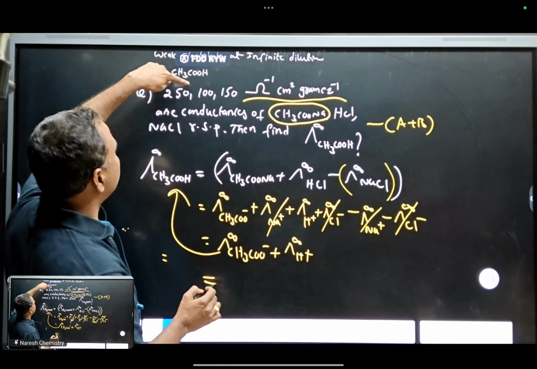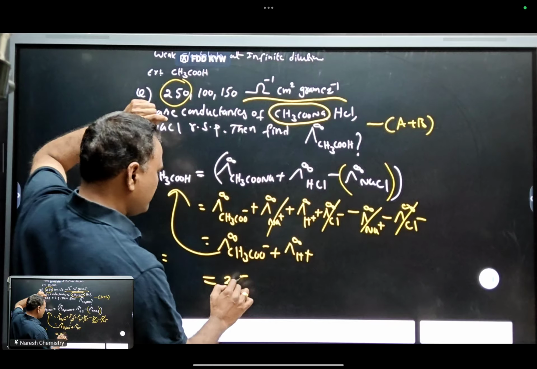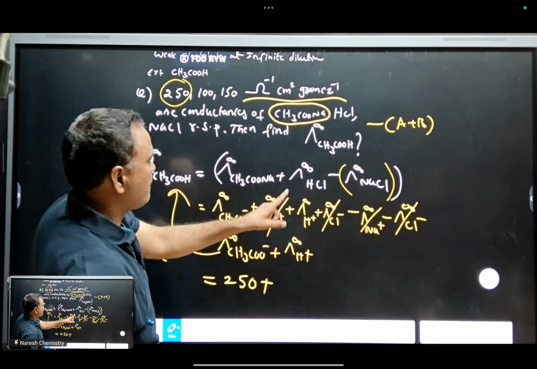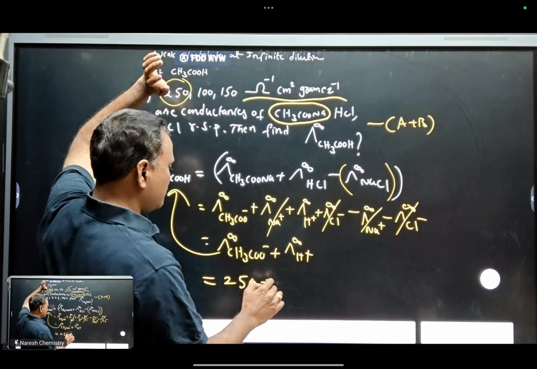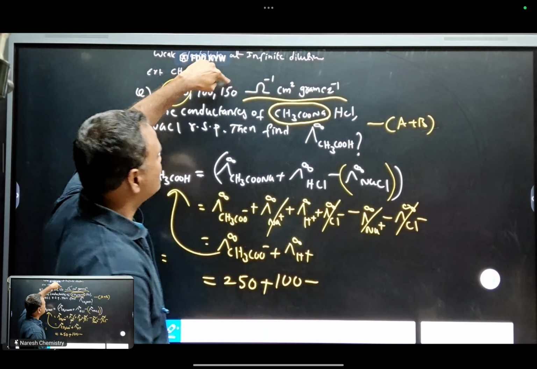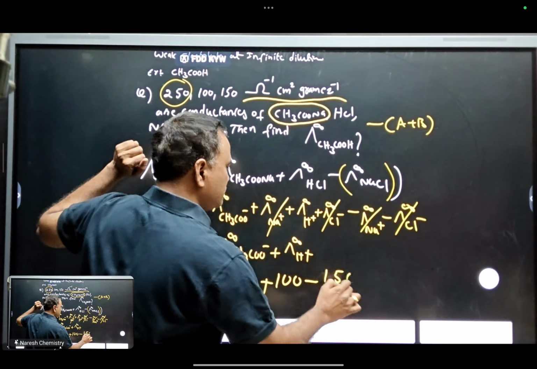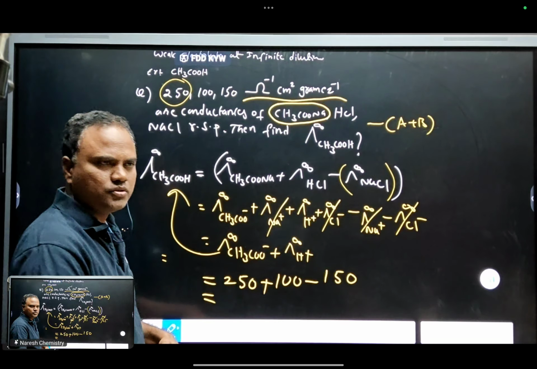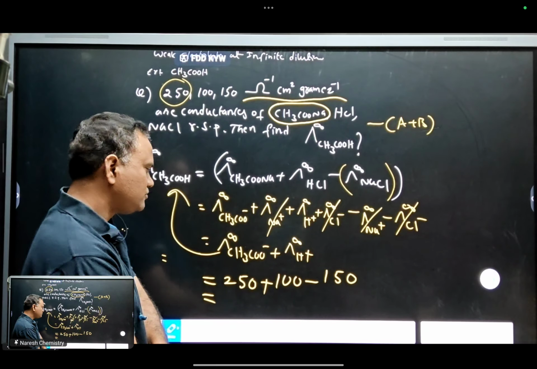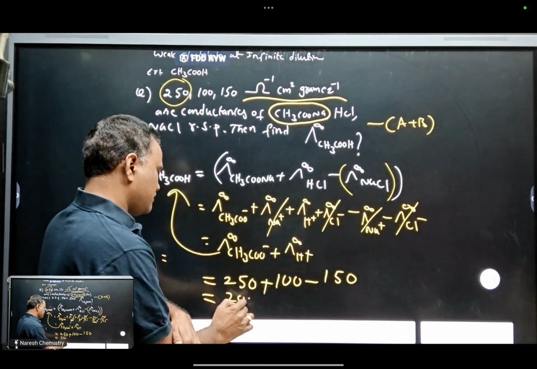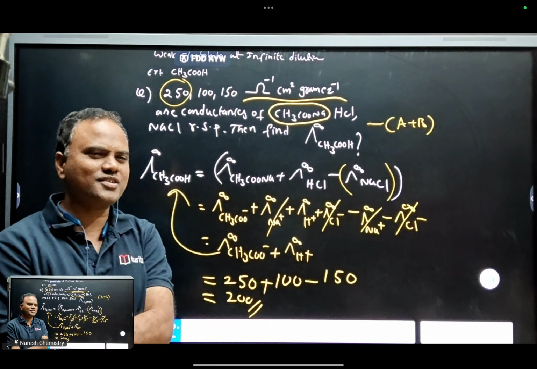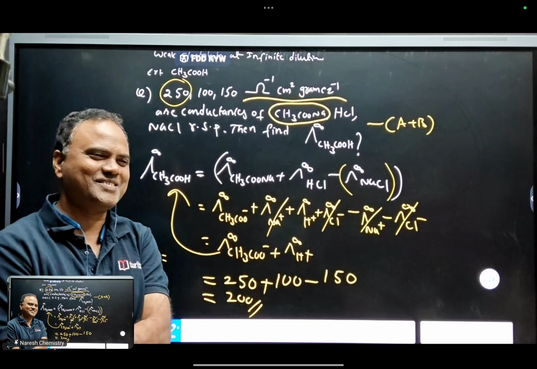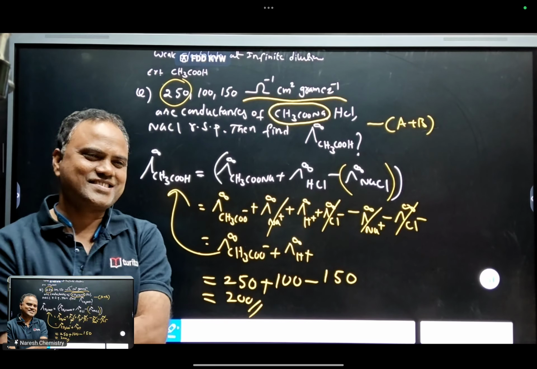CH3COONa value is 250. 250 plus HCl value, HCl value 100, minus 150, 200. This is application of Kohlrausch law. Correct?